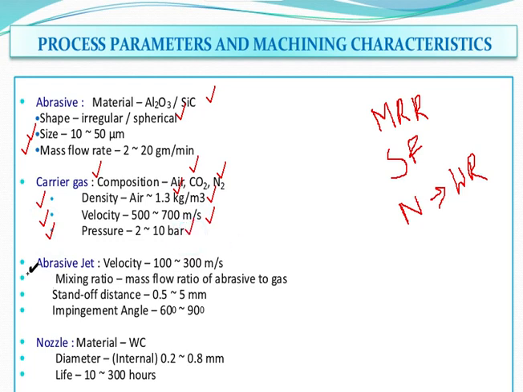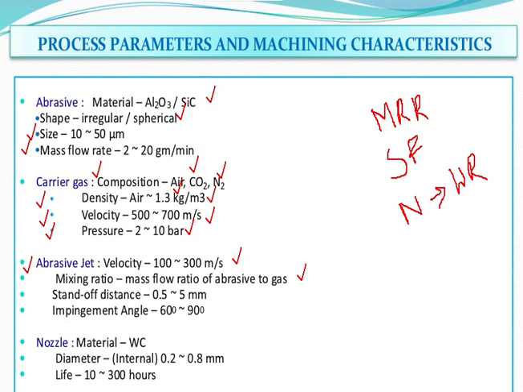Now we are talking about the abrasive jet. The jet velocity should vary between 100 to 300 meter per second. Mixing ratio is basically the mass flow ratio of abrasive to gas. Next is the standoff distance, also known as SOD.